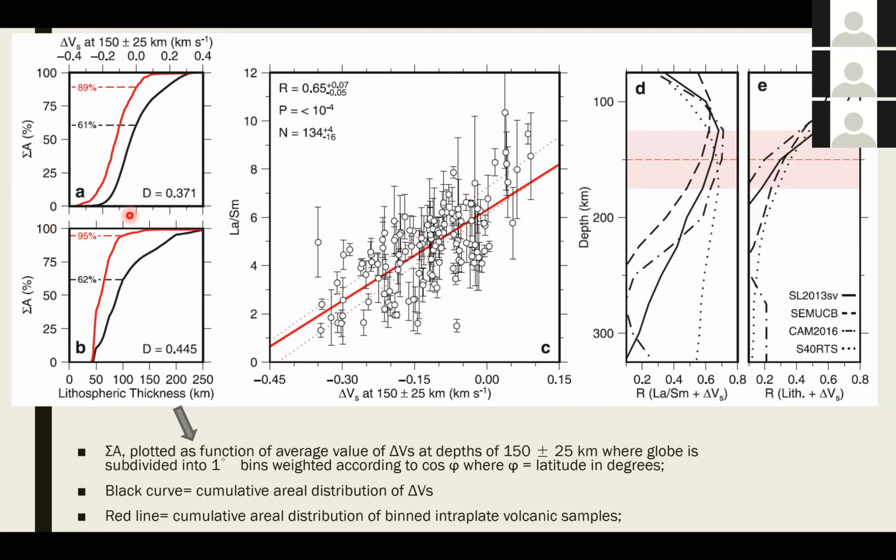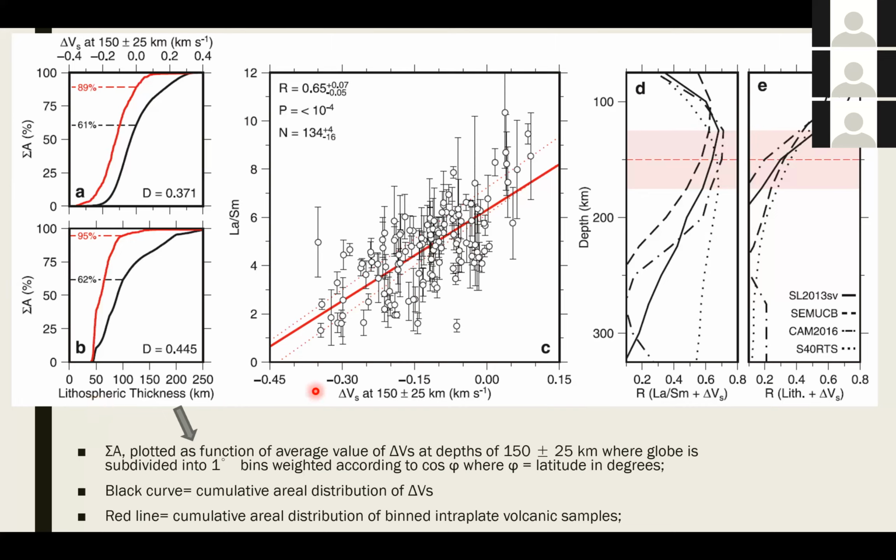And 95% of sigma A occurs in regions underlain by continental lithosphere less than 100 kilometers thick, whose areal distribution constitutes 62% of the global area. So they want to say that this phenomenon is not just a coincidence; they are related.